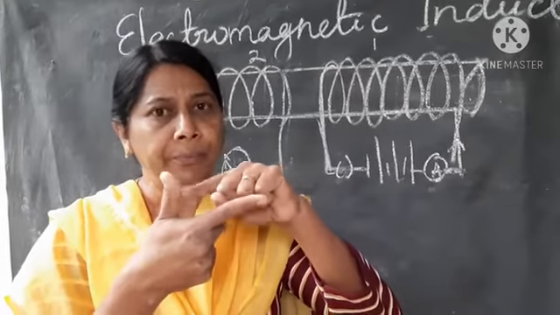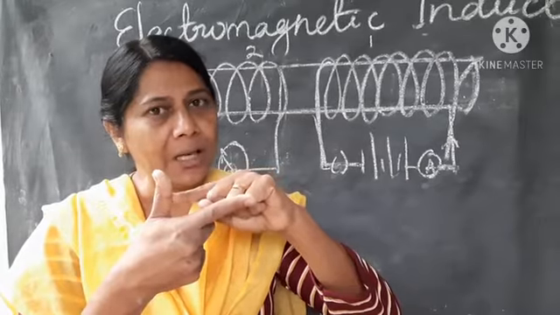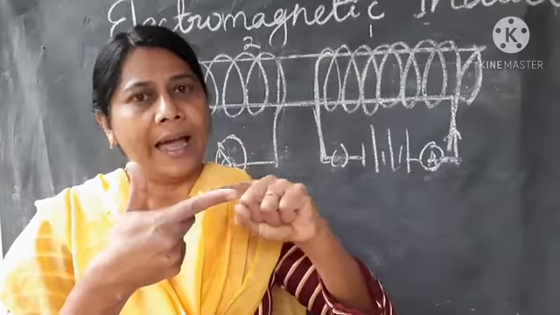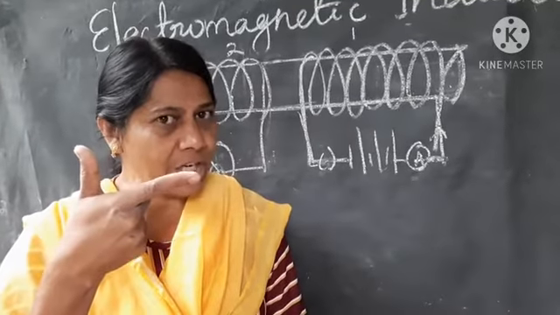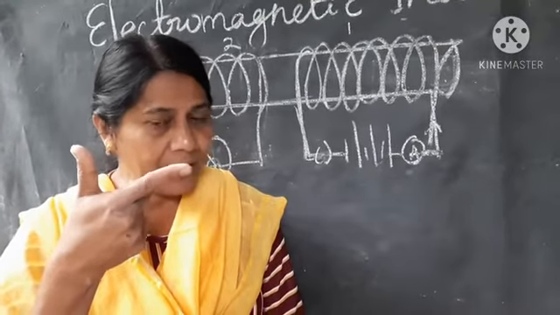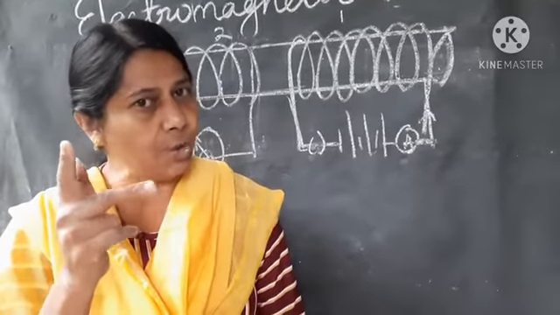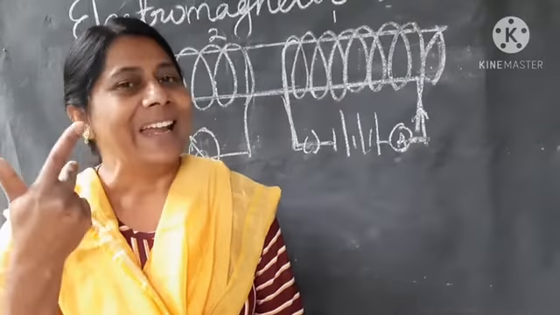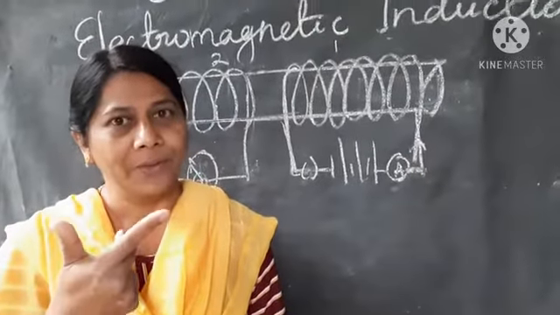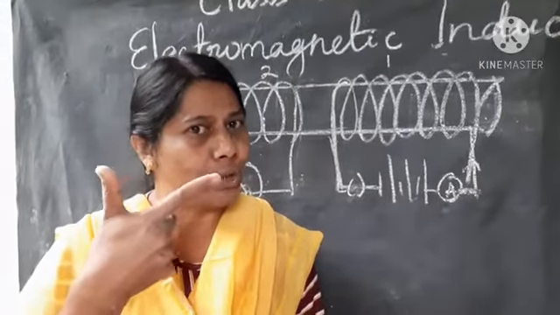The thumb shows the direction of the motion, the forefinger shows the direction of the magnetic field, and the middle finger shows the direction of the induced current. Same as Fleming's left hand rule. Here three things are perpendicular to each other.